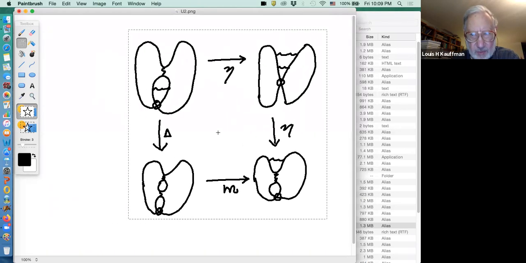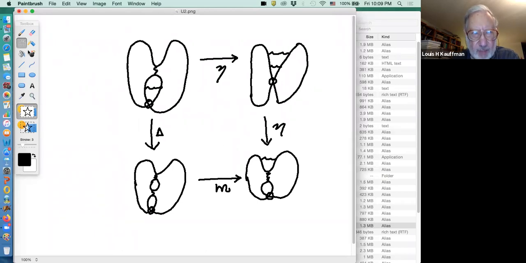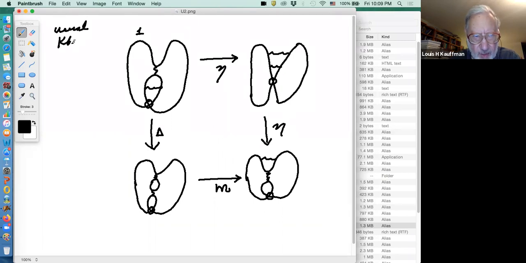not just our problem, but also Rushworth's solution. So let's just give ourselves a little room. But what we ran into was the following. We might start with 1 here, in the usual Khovanov algebra.